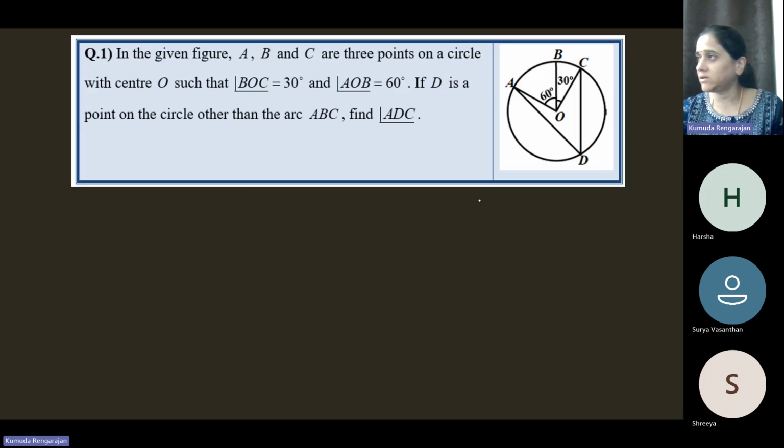We'll just do this one and wind up the session for today. Tell me, what's the measure of angle ADC? How much is ADC?